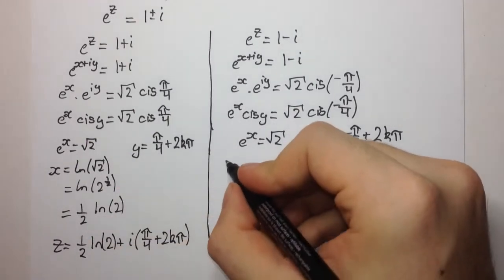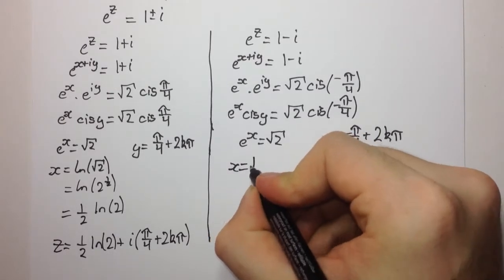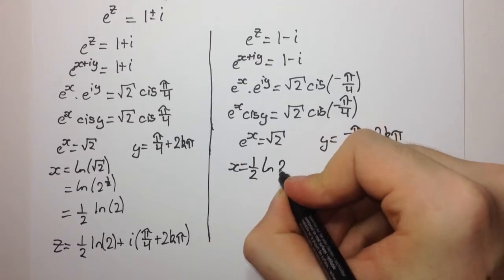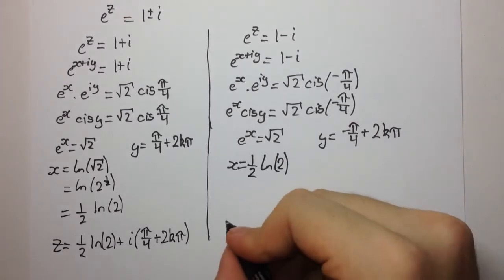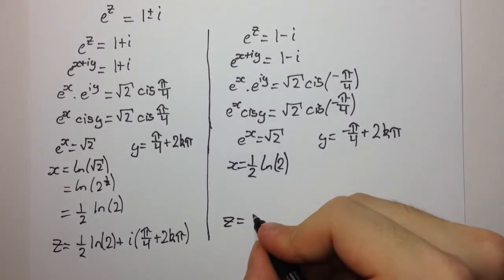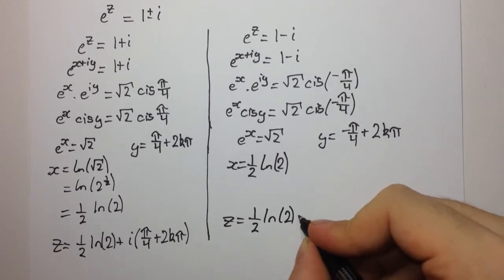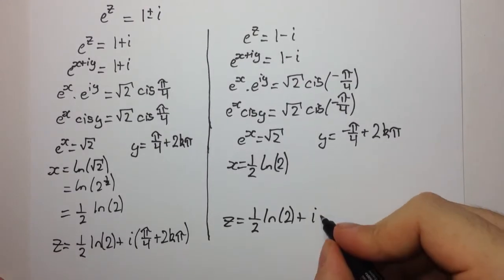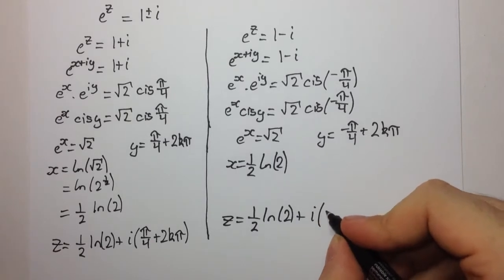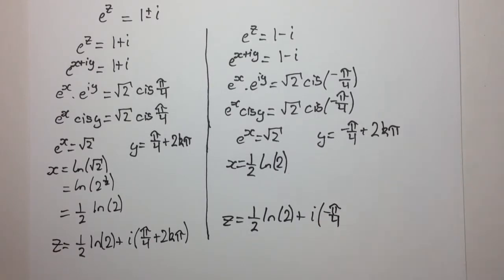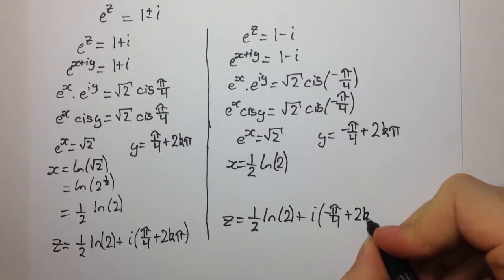We can follow this same process and get that x is equal to a half ln 2. And so we can say that z is equal to 1/2 ln 2 plus i times y, so minus pi on 4 plus 2k pi.